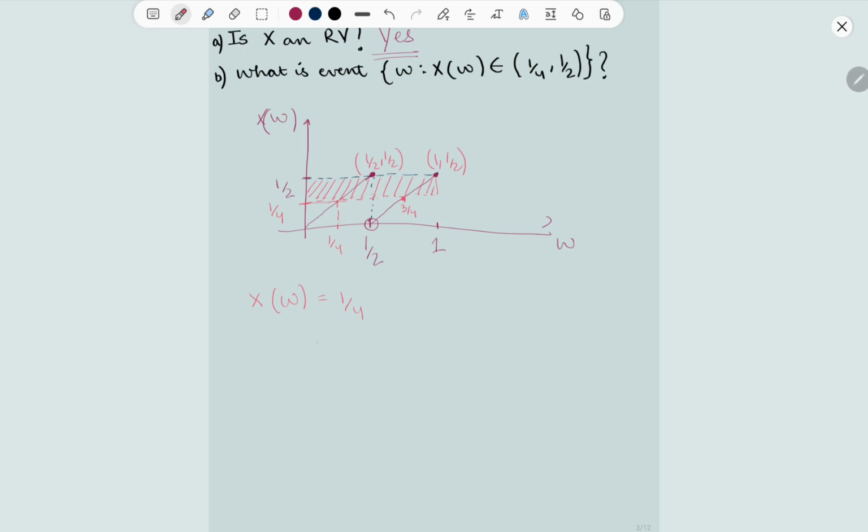Or you can just say it like this: for what value of omega is x(omega) equal to 1/4, for x(omega) equals omega minus 1/2, which is equal to 1/4, omega equals 3/4. You can just write it like this also. So this is 3/4.